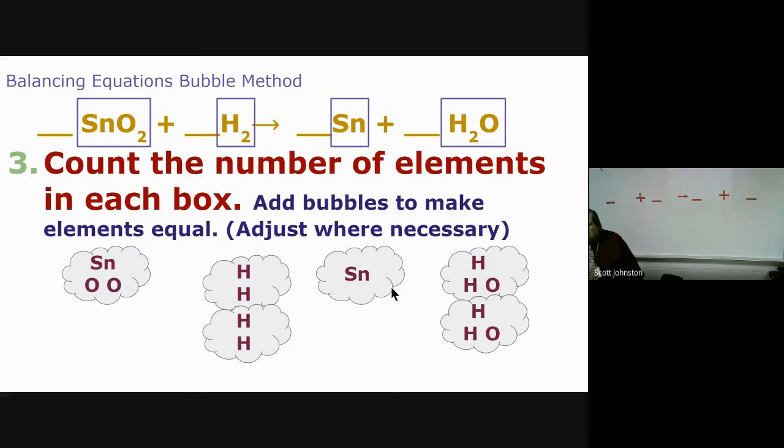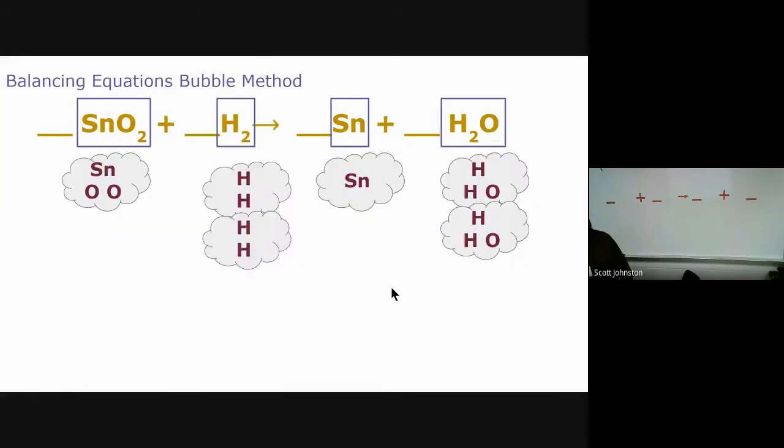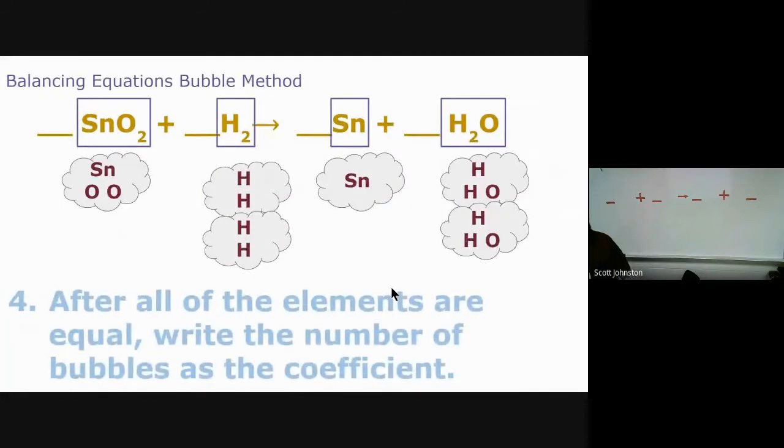And now if we count, we have one Sn on the left, one Sn on the right, two O's on the left, two O's on the right, four H's on the left, and four H's on the right. So everybody's happy. So after all of the elements are equal, we're going to write the number of bubbles as a coefficient.